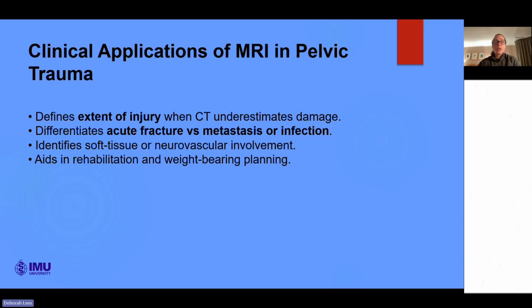So the way you differentiate that out is by adding in your contrast, looking at your bloods, looking at the clinical picture, and again, revisiting the history. Have they been unwell? Do they have a history of cancer? You always want to look at the soft tissues, particularly if you've got neurological involvement, and you need to see this in context of what decision making you're going to do, what is the rehab going to look like, what is their weight bearing status going to be.